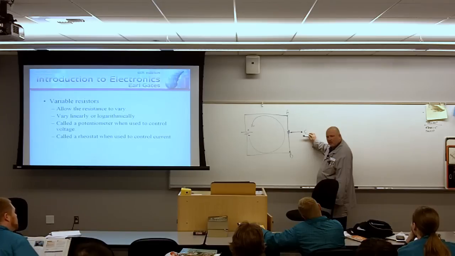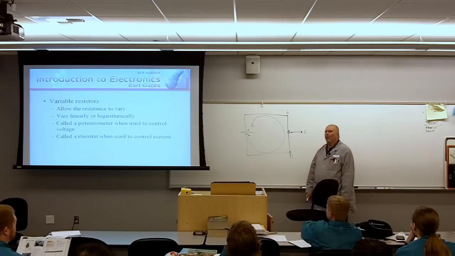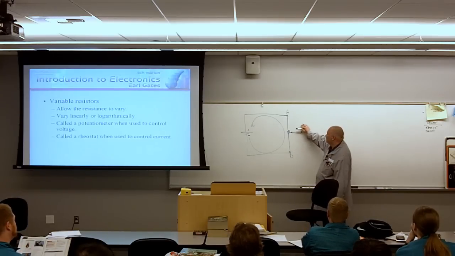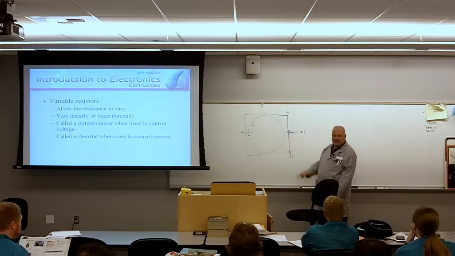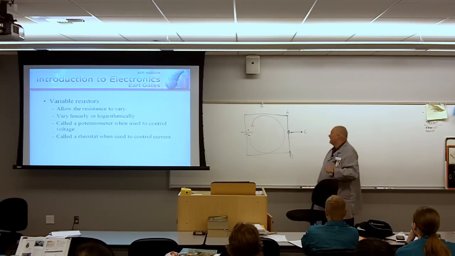Tweak it more, I'm 40-60, right? 80-20, 90-10, 99-1. So I'm moving this wiper arm, coming in contact with a different amount of resistive material. You all agree with that? Does that make sense? Okay.